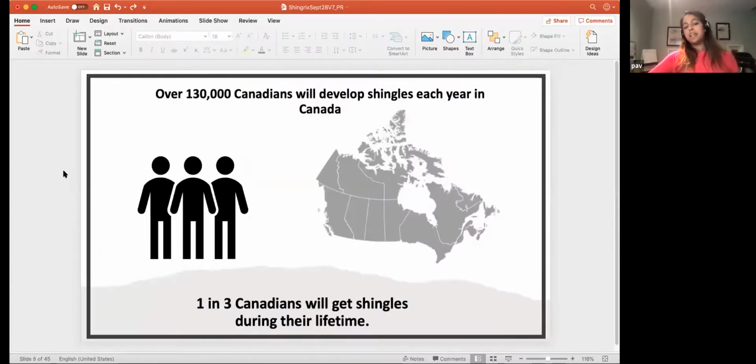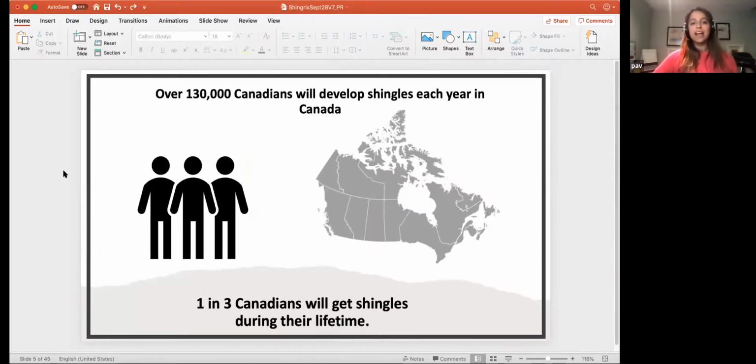So just a little bit of information that'll help arm you in your discussion with your patients. It's important to note that 130,000 Canadians will develop shingles each year in Canada. That's a lot of individuals considering we have just over 37 million people as our population. And 1 in 3 Canadians will get shingles during their lifetime at some point, and they may get it more than once.